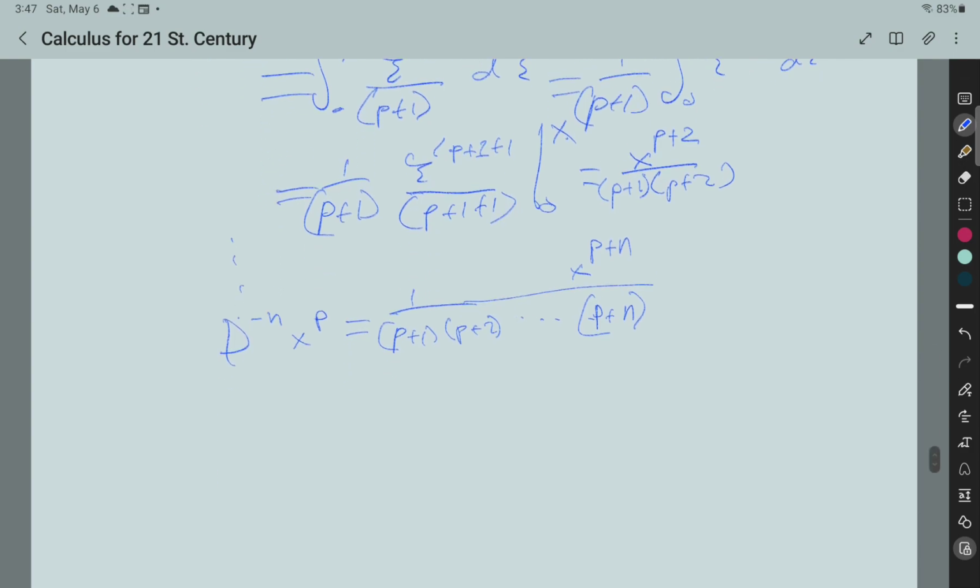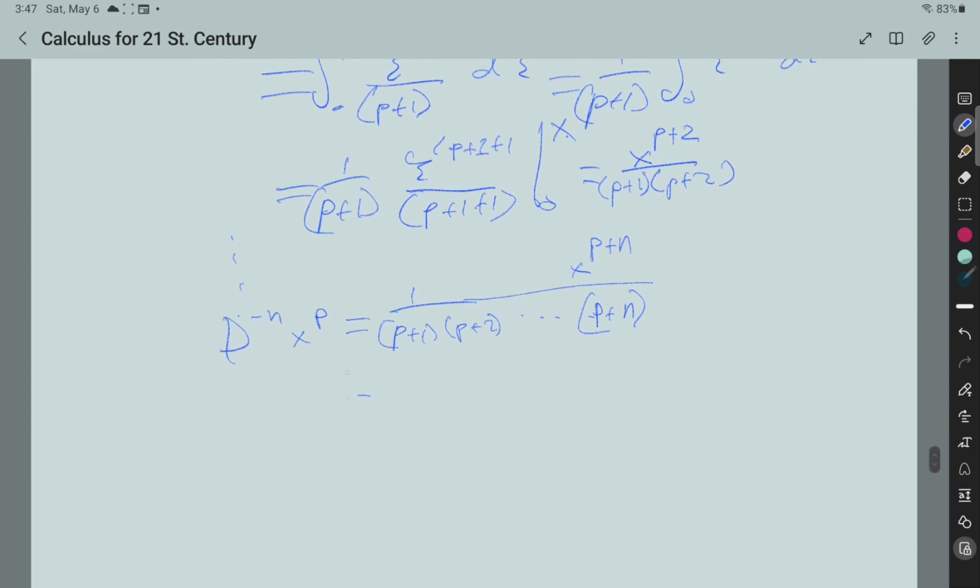So I'm gonna rewrite the order in the denominator. p plus n first, so it's going to be 1 over p plus n times p plus n minus 1, all the way down to p plus 1.